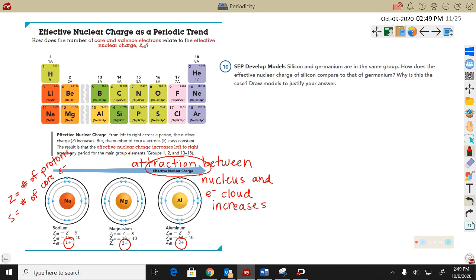When we have this arrow saying the effective nuclear charge increases, what the heck does that mean? I want you to know that as you go across a row or a period of the periodic table, the attraction between the nucleus and the electron cloud increases.